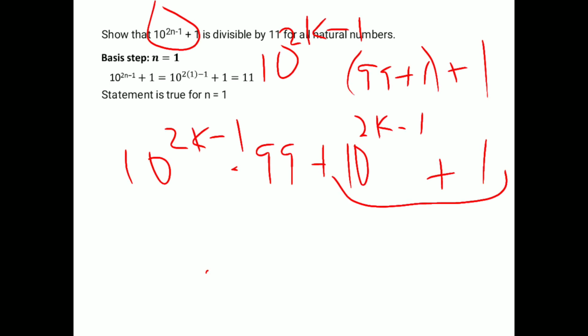So this part is already divisible by 11 from assumption. Then this is also divisible by 11 because of 99. So we can now conclude that the statement is true for all positive integers.